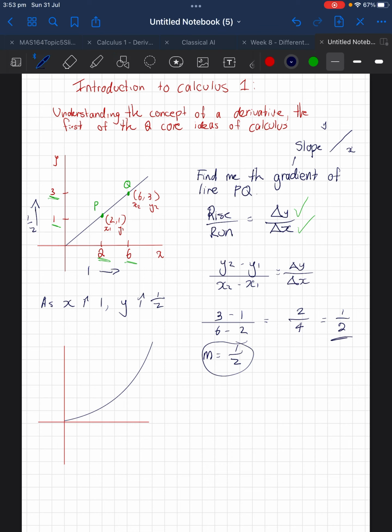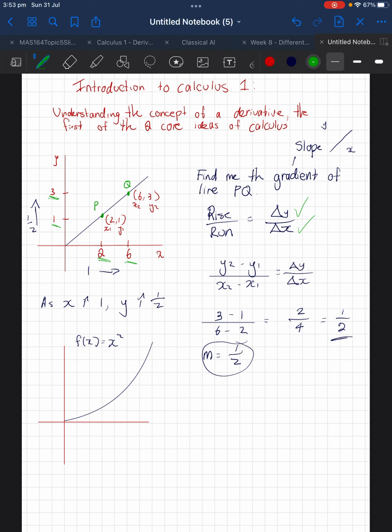Now this is what x squared would look like. Right, so you can see that this isn't a straight line, meaning at different points along this curve, the rate at which it increases is going to change.